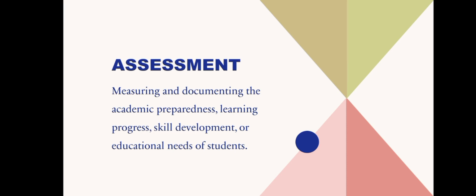Classroom assessment is generally divided into three types: assessment for learning or the formative assessment, assessment of learning or the summative assessment, and the last one is the assessment as learning.